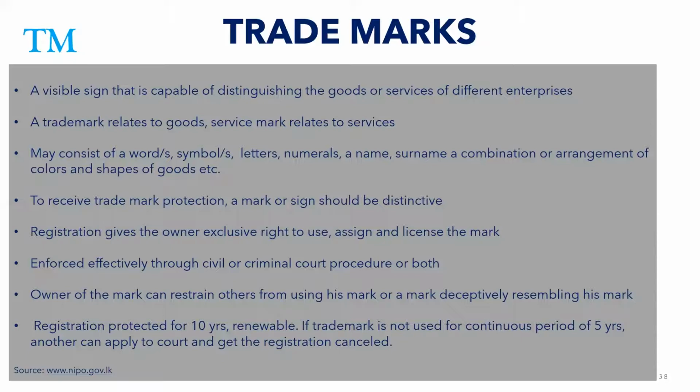But let's say somebody comes up with Kotmale shoes. Now this is completely dissimilar to the Kotmale goods which we generally know, which are milk, cheese, yogurt and so on. So in some instances, it may be permitted to use the trademark Kotmale shoes.